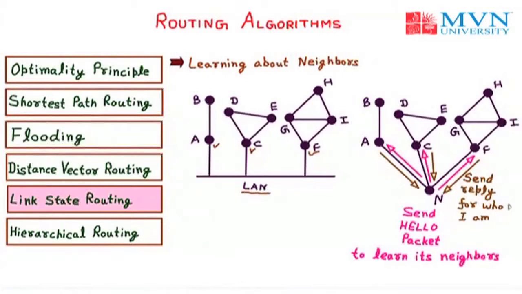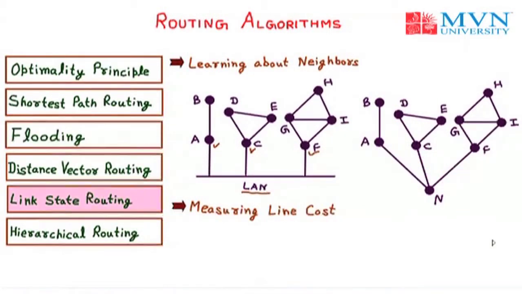Then the routers A, C and F will follow the same rule as followed by N. B, D, E, G, H and I will also reply back who they are. And by the help of the hello packet, router N has the information about all its neighbors.